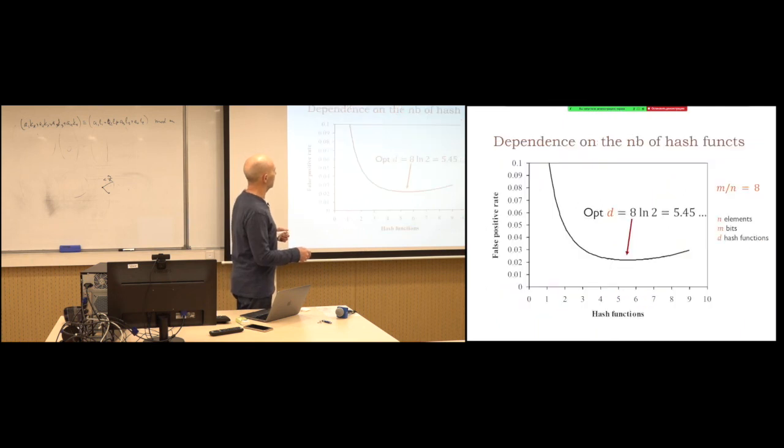So I have just an illustration of this phenomenon. For example, here m over n is 8, so we have 8 bits per element, so 1 byte per element. And in this case, the optimum number of hash functions is something like 5, 6. Okay?